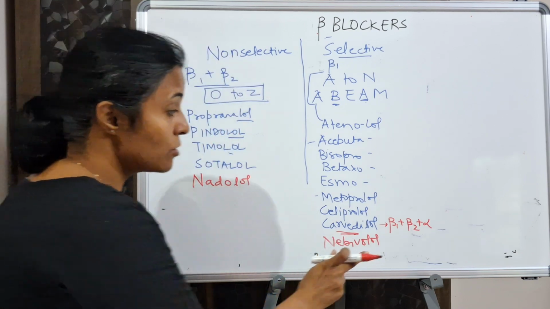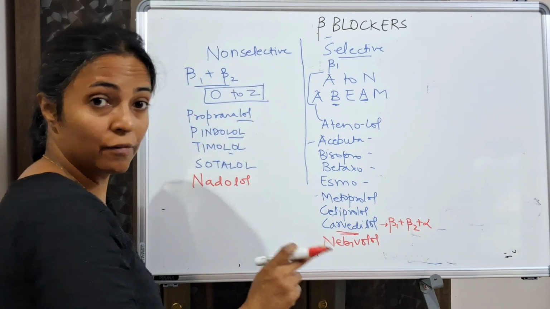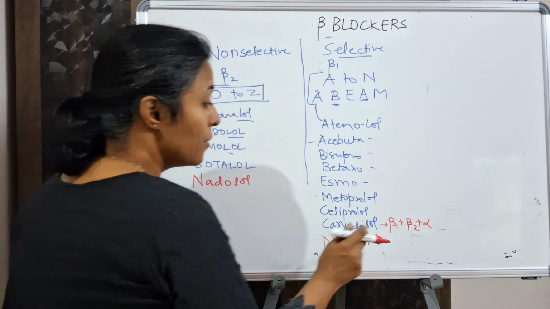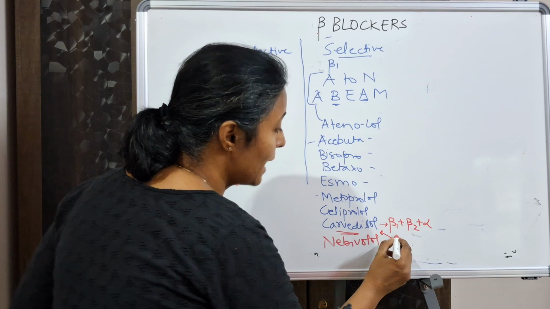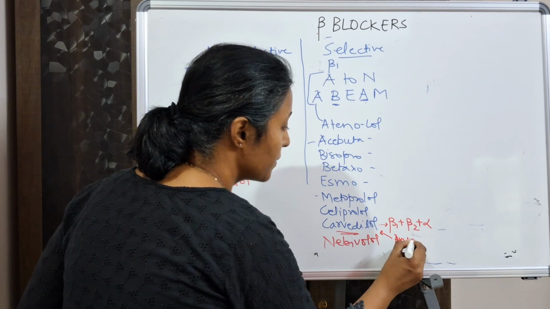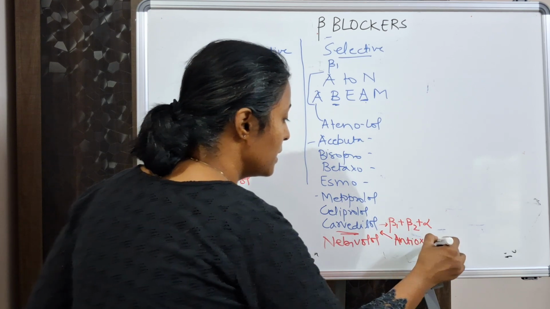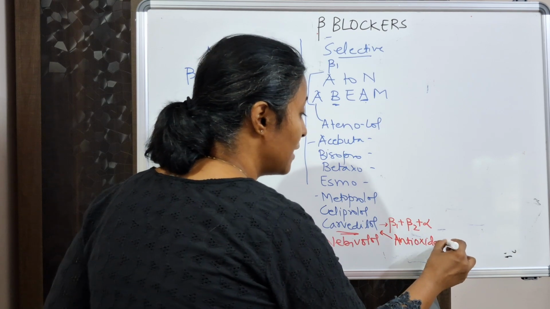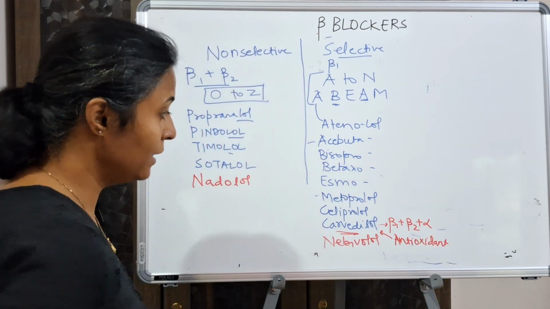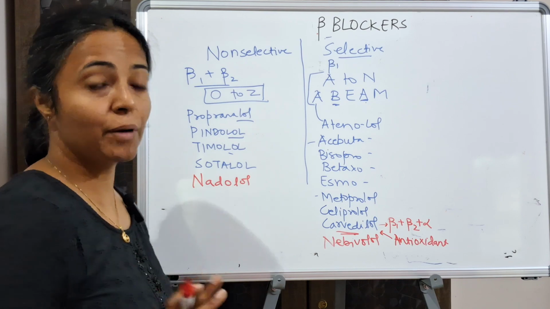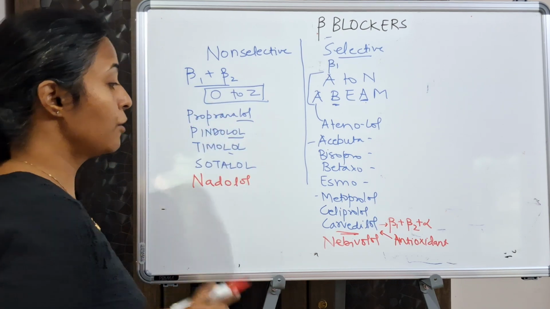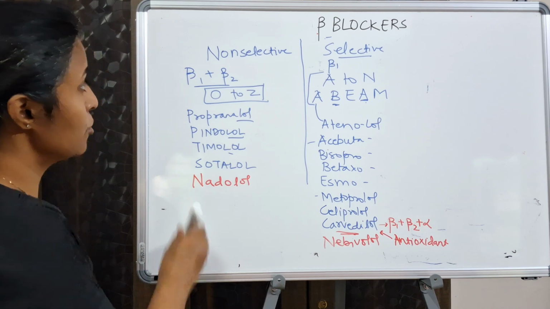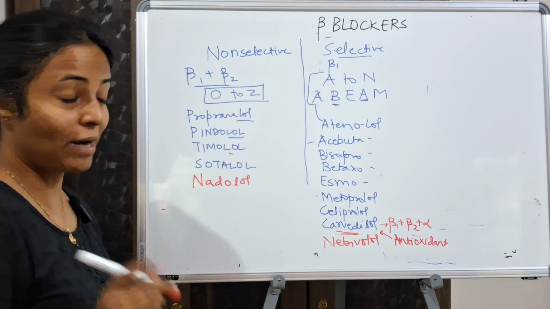Okay, so it is also blocking alpha receptors. Why we are telling it cardio selective is because carvedilol has antioxidant property, and it helps in that left ventricular remodeling I was telling you, right? So it prevents that left ventricular remodeling. That is why we are putting it in cardio selective. Okay, so that is non-selective and selective one way.